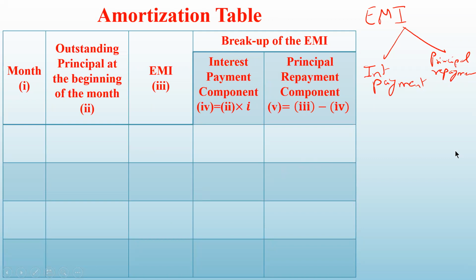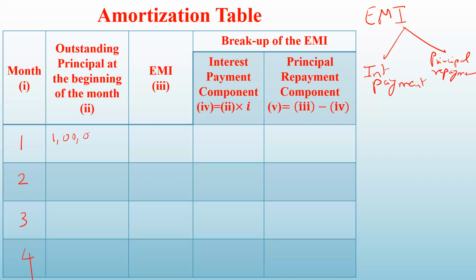You have seen that in this problem, the loan is paid off in 4 months. So the months are 1, 2, 3, and 4, when you got rid of your loan. What is the outstanding principal at the beginning of the first month?